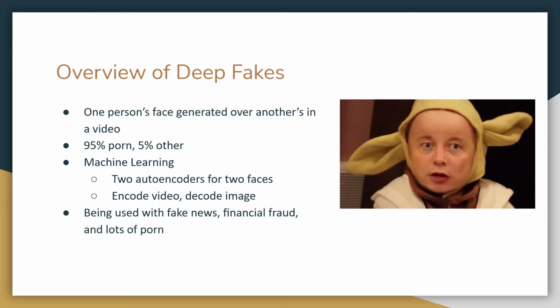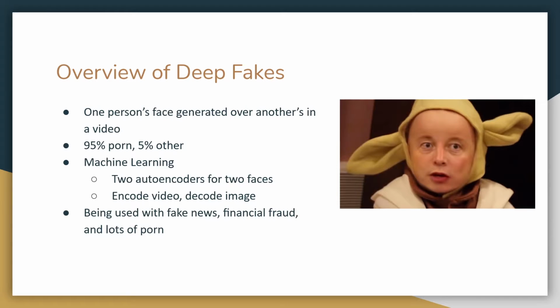That's the encoder part. Now, the decoder part of the autoencoder then takes the picture of the person's face generated from the encoder and tries to recreate the video. Now, it does this for two different people's faces. So we have one autoencoder for one person's face and one autoencoder for another person's face.